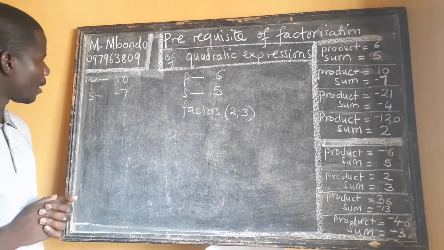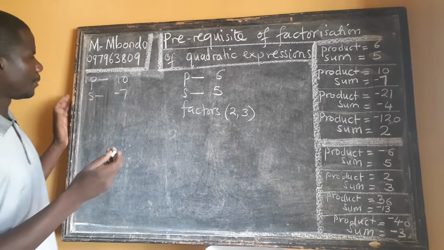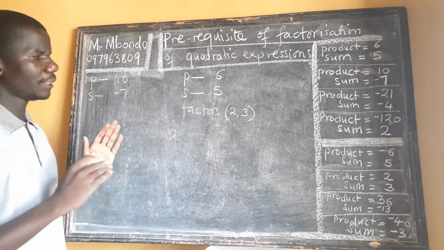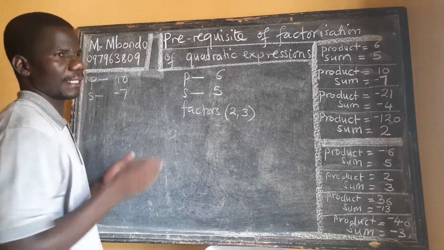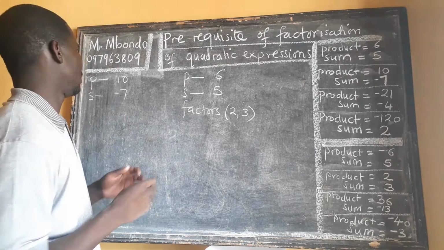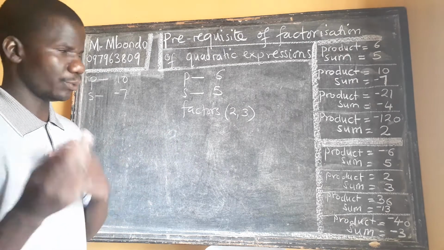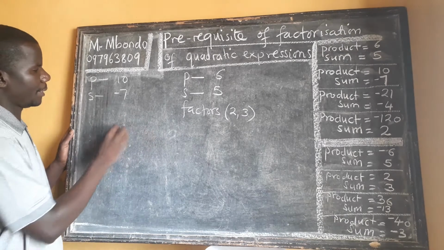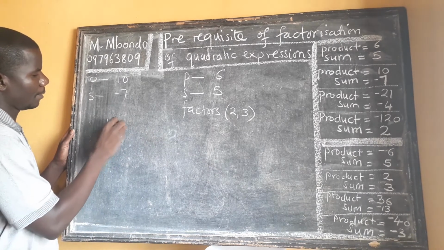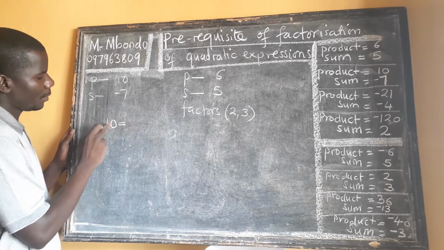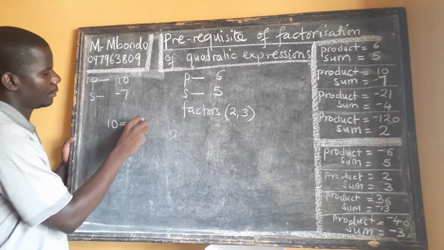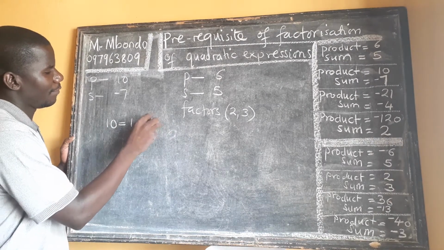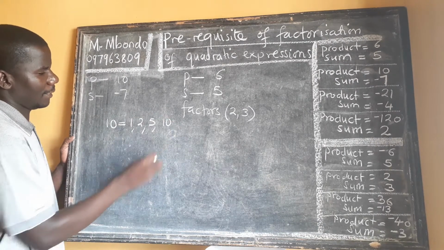Sometimes, in fact in most cases, you may not need to list the factors of a product. But I'm just trying to demonstrate what happens. So like this one, the factors are numbers that go into 10 without a remainder: 1, 2, 5, and 10.